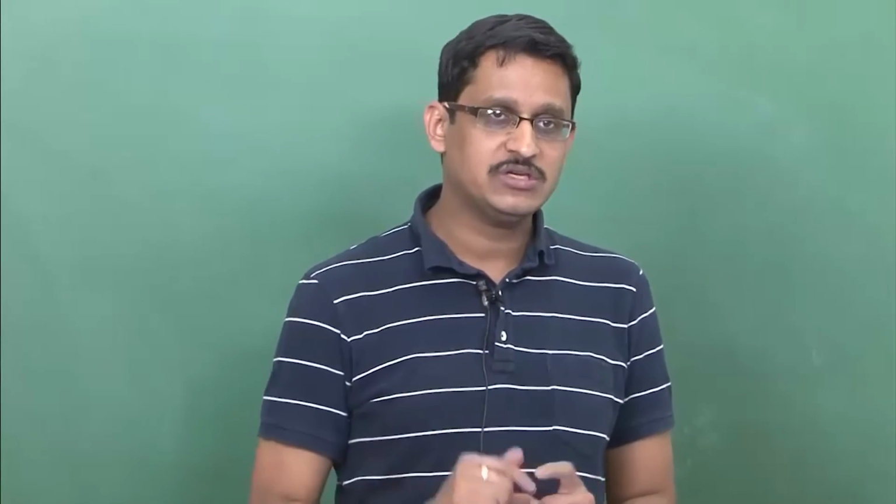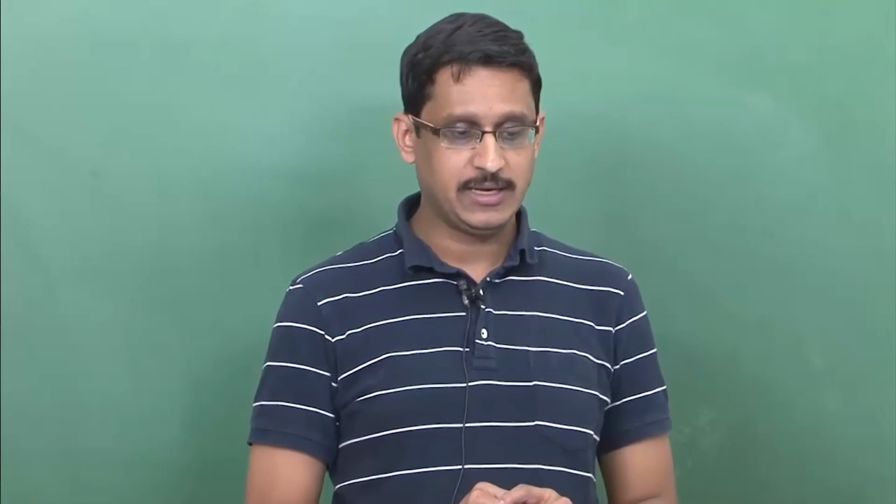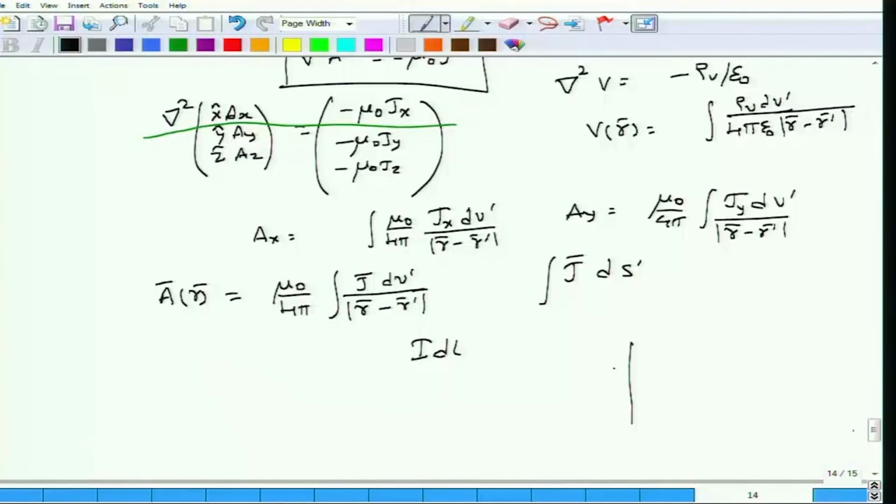There is another potential that we could have introduced. See, we have del cross H equal to the current enclosed only when the path encloses the current. If we consider a path that does not enclose the current, so you have the current going like this, and this is one path which encloses the current, and this is another path which does not enclose the current. So clearly del cross H will be equal to 0 here. Now I can write H as the gradient of Vm, Vm standing for magnetic scalar potential.